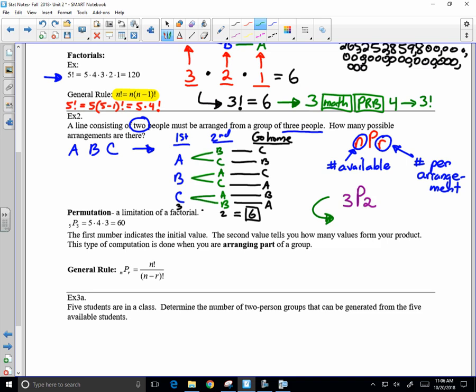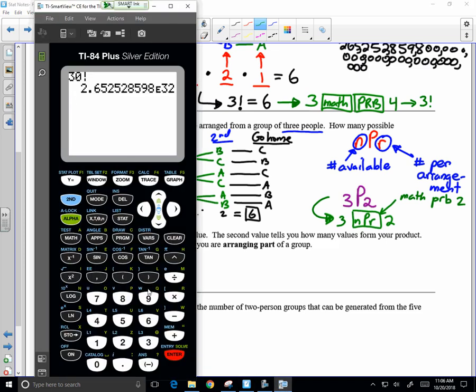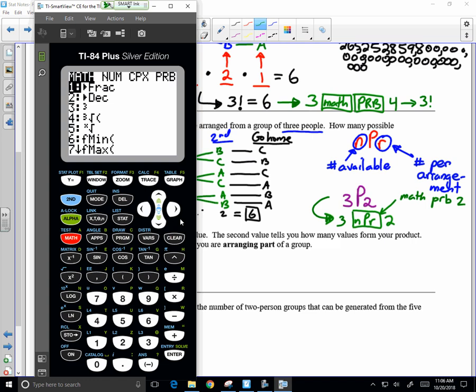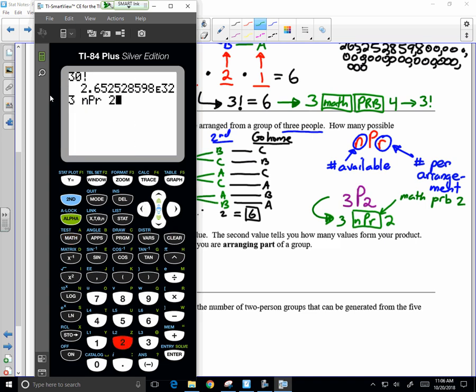All right, so I would type in 3, then I would select the key nPr, and then 2. To get to this one, it's math, probability, I think it's option 2. Yep. So 3, math, probability, option 2, and then type in the number 2. It doesn't look like this should actually give us something meaningful, but it does.